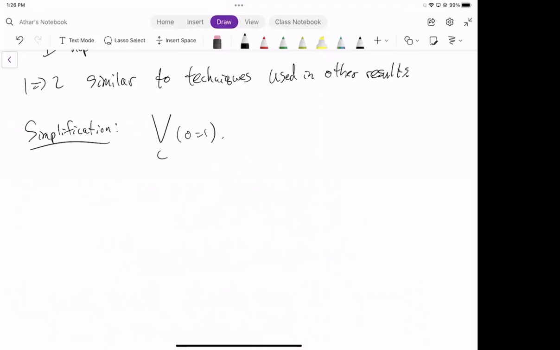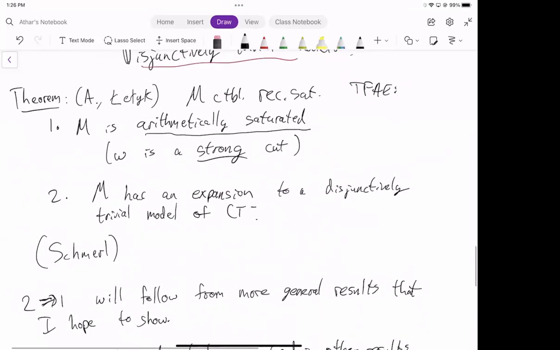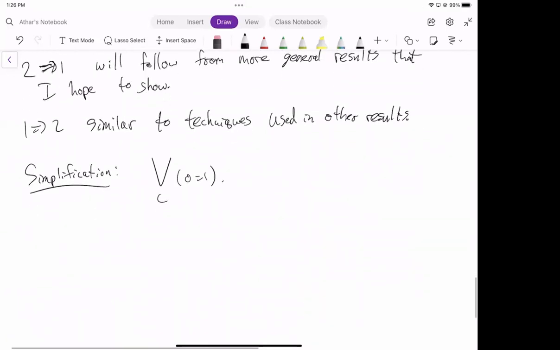If the truth predicate is disjunctively trivial, then you can make this true for all non-standard C, and that's as much as you can possibly do. What happens in more generality?